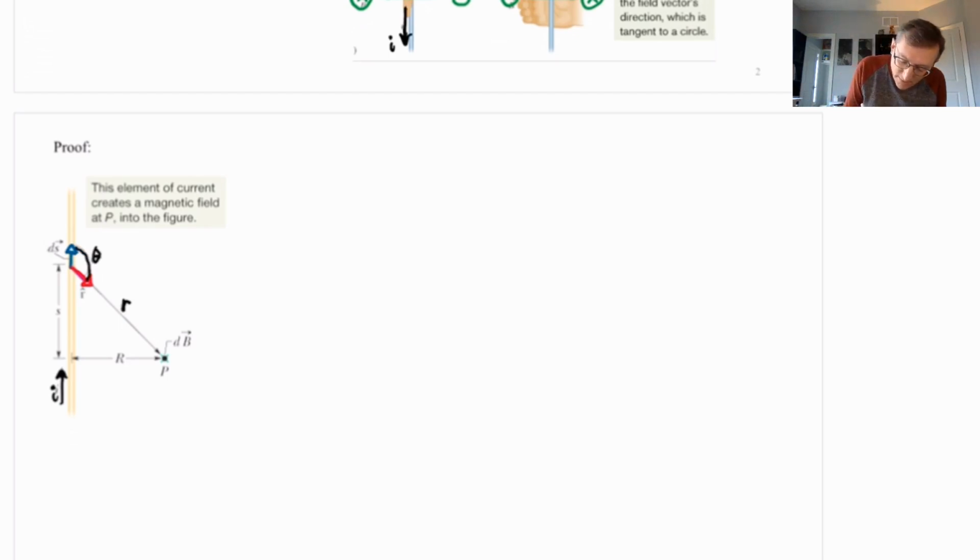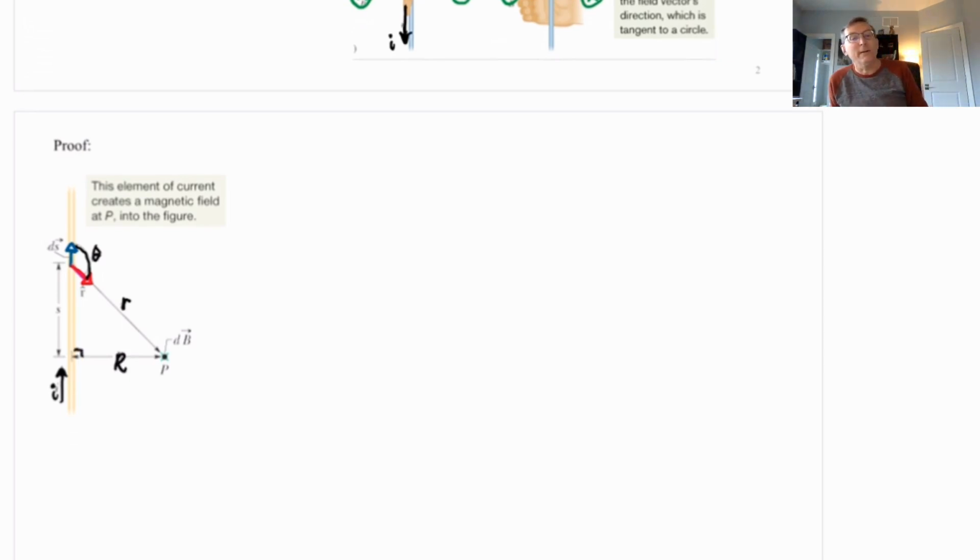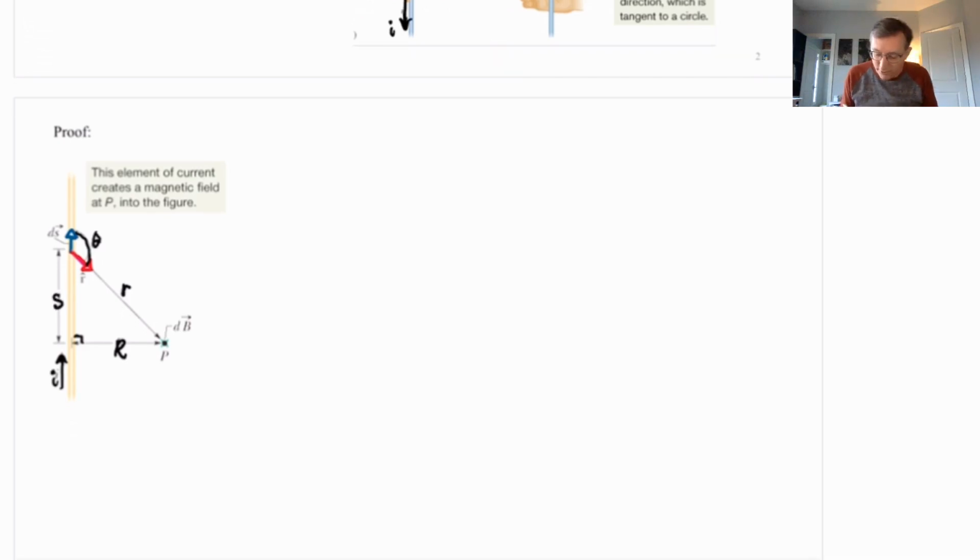Then there's the distance big R, which is the perpendicular distance from point P to the wire. And there's one other distance or coordinate, you could call it. It's labeled here S, and it is measured from this point on the wire that is directly across from point P to the element ds. That turns out to be a convenient coordinate to use.